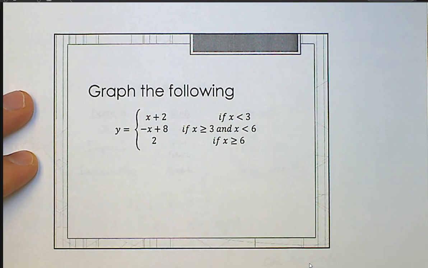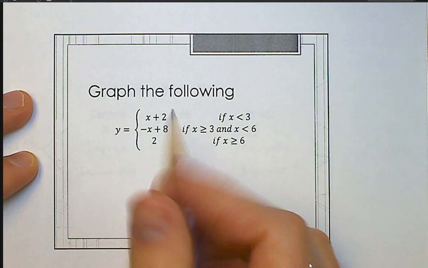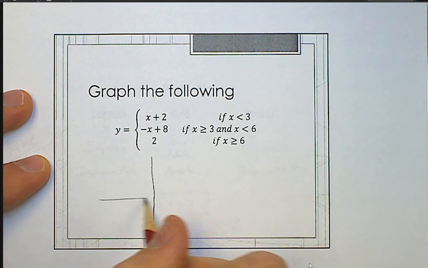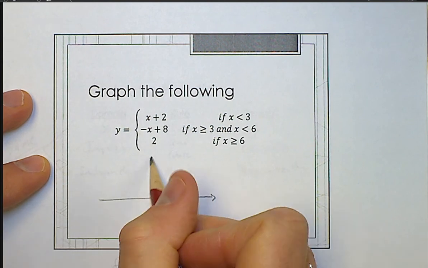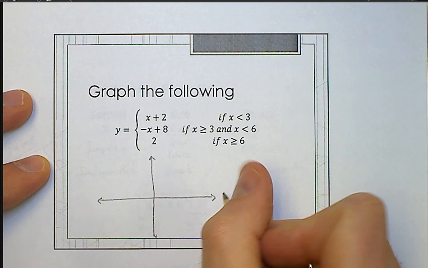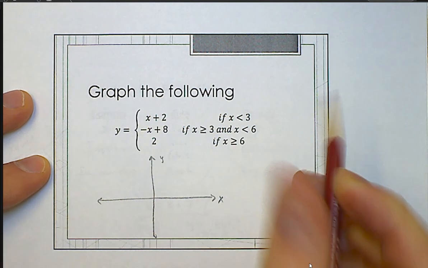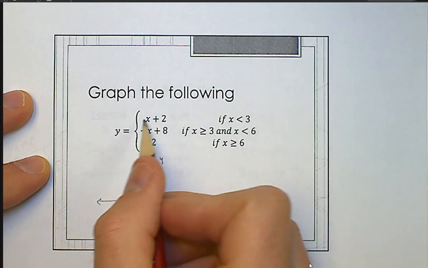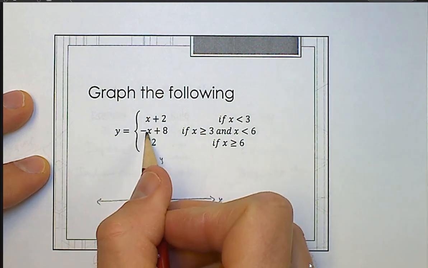I would definitely use a pencil, and these can be kind of tricky until you get used to them. So we're going to do a couple of them together here. What I do, this is my method, is first of all you have to understand the 3 functions that we have. This is y equals x plus 2, y equals negative x plus 8, and y equals 2.